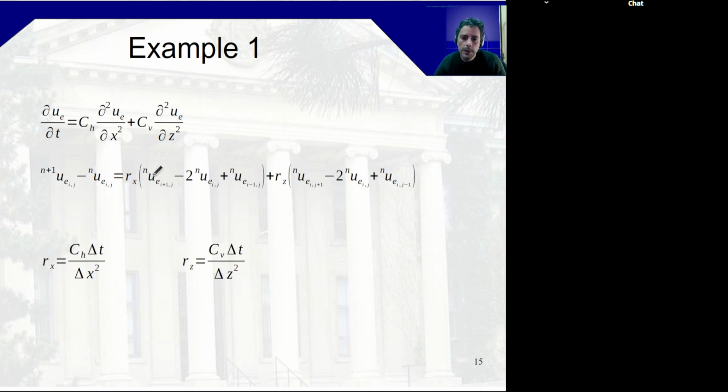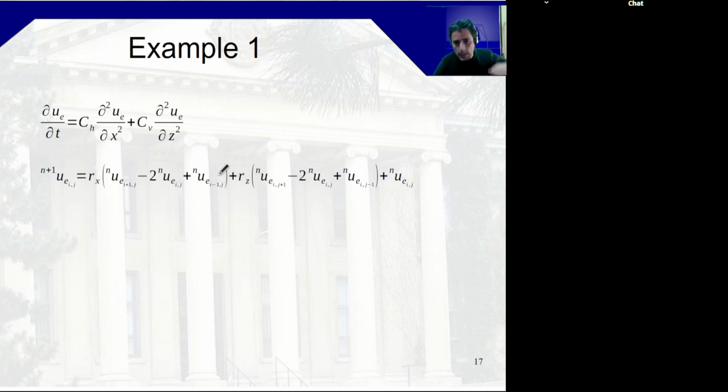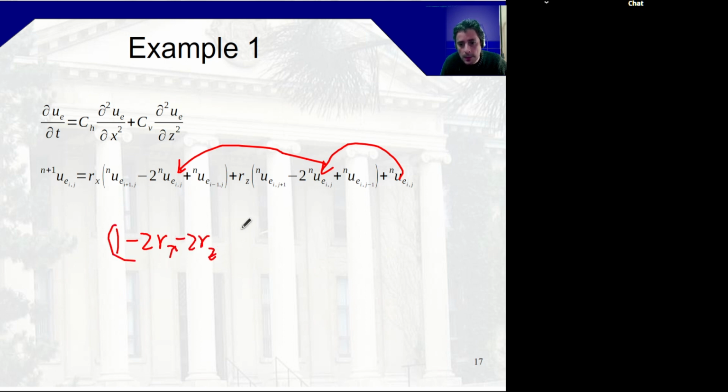That can be replaced in there, and the equation is basically the same as before, except now we have Rx and Rz in the mix. We still have one term of u at i,j, so those will be grouped: 1 minus 2Rx minus 2Rz, multiplying u at i,j. That will be the expression.